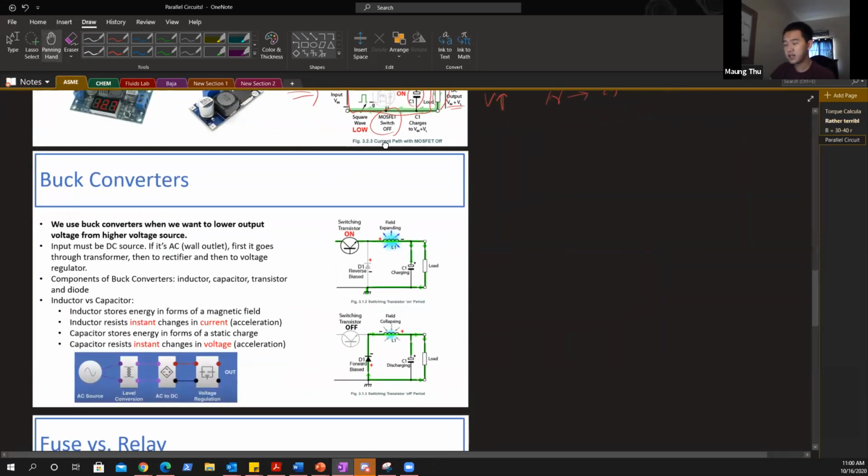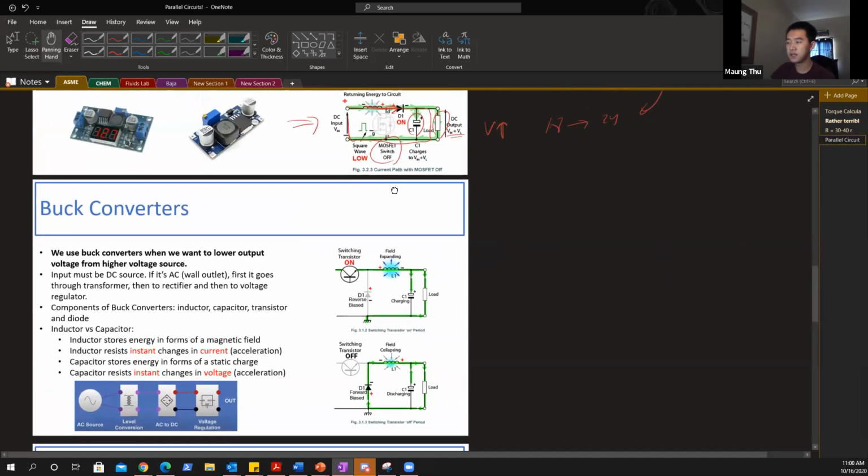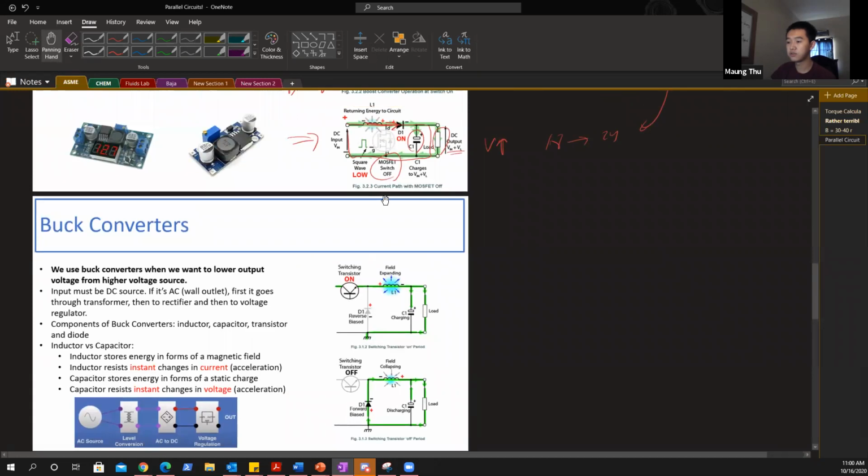Buck converters are exactly the same thing. The only difference is that the four components are all in different places. The four key components of a buck converter are inductors, capacitors, a transistor, and a diode, which are all the same components that the boost converter has, but now they're in a different order.